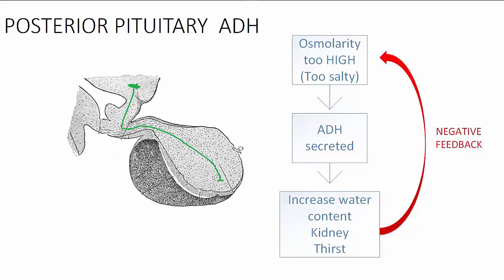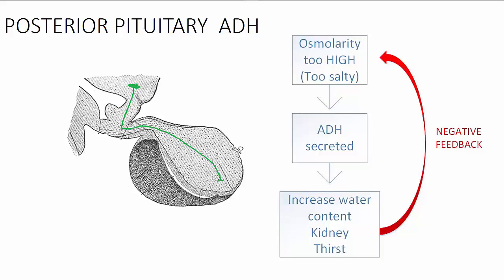It increases the water content of the body, both by reclaiming water from the kidney, and it also makes you thirsty. It dries the mouth and increases your thirst. And so you pull water back into the body, your body gets less salty, the osmolarity goes down, and due to negative feedback, further secretion of antidiuretic hormone is inhibited.